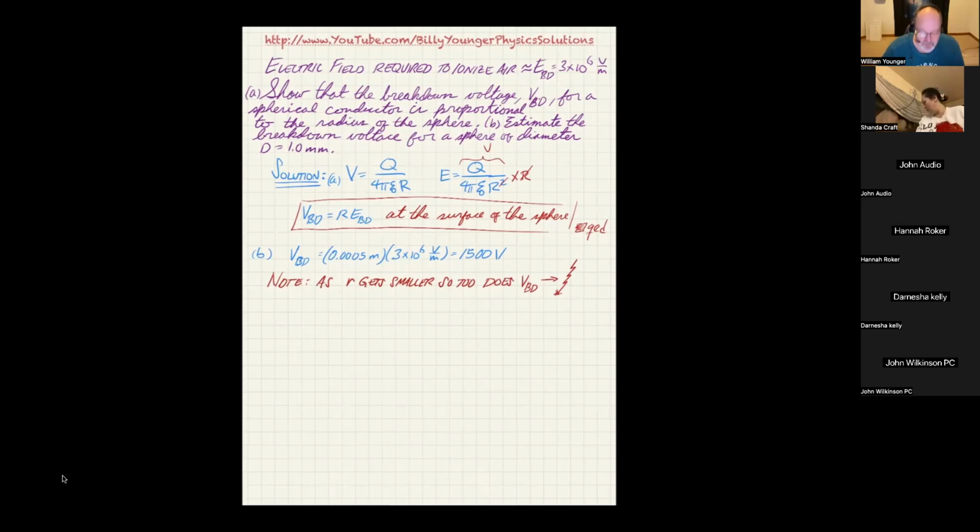Okay, so that little calculation we did with the previous example, where delta V is equal to VB minus VA is equal to the negative integral of E dot dl. Once we actually did that integral, we got Q over 4 pi epsilon naught times 1 over RB minus 1 over RA.